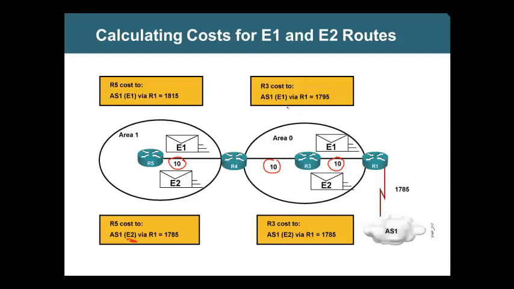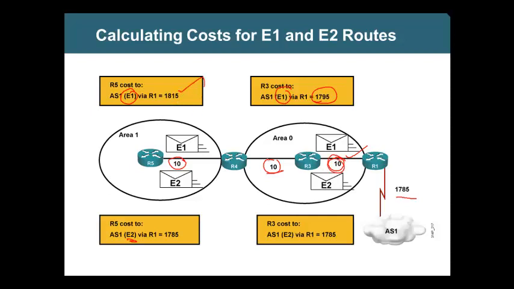But if you see E1, here it was 1785 plus 10, 1795, plus 10, 1805, plus 10, 1815.